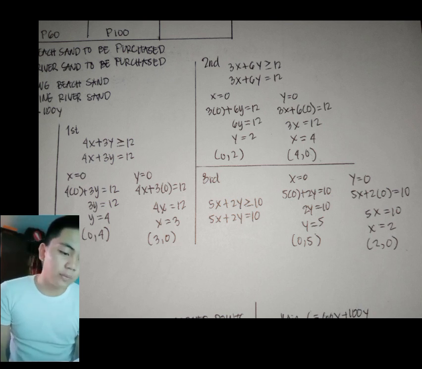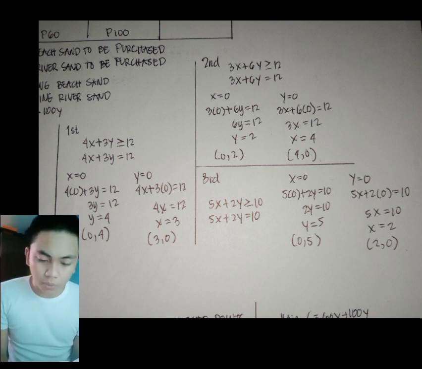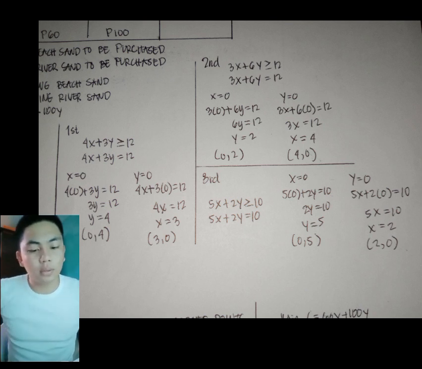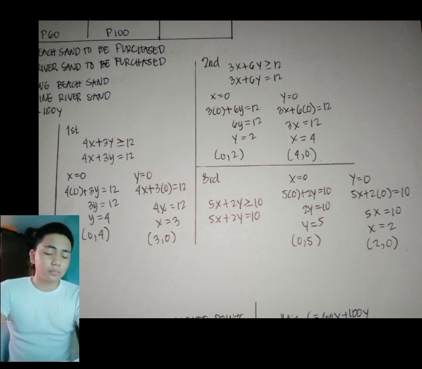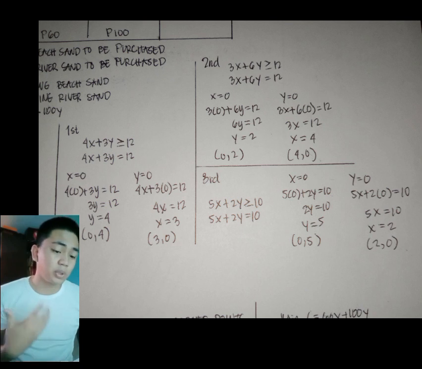Same in the other problems, you just need to choose which to get first, the x or the y value, and you will get the final answer, which will be your plotting points. So that's all. Thank you.